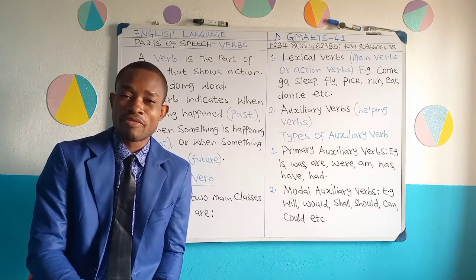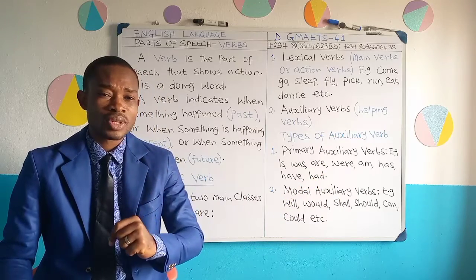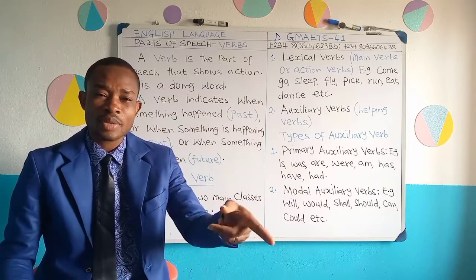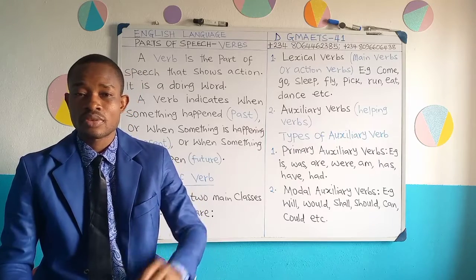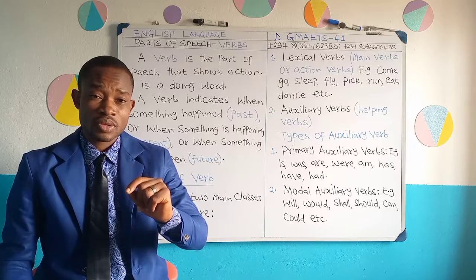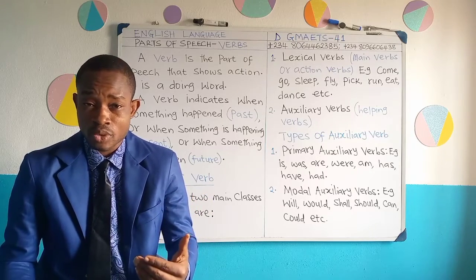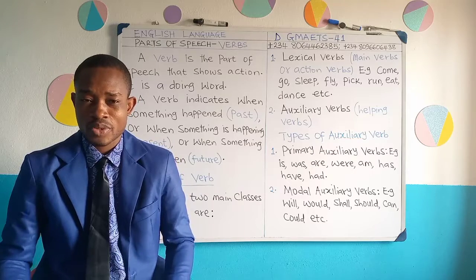Examples of these helping verbs, we have them on the board. But before we talk about their examples, let us look at 2 other types of auxiliary verbs. Under these two types of auxiliary verbs, we can now give examples of auxiliary verbs.